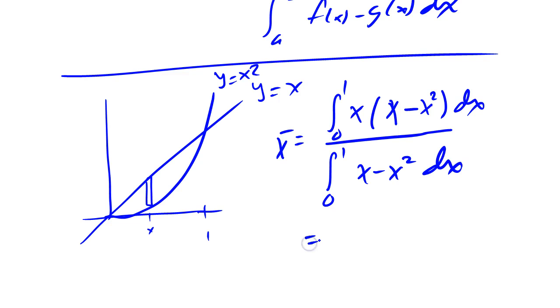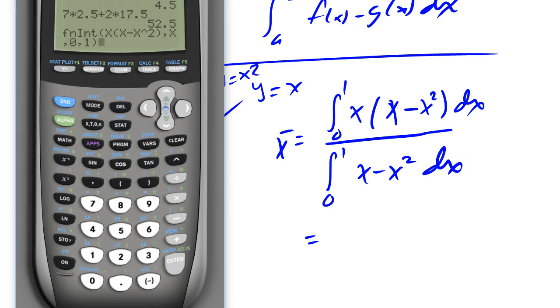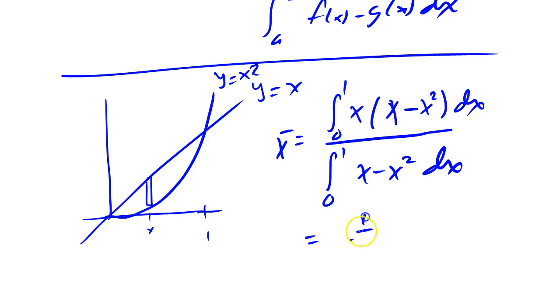And so we can do some calculations here. On my calculator, I've got the integral of x times (x minus x squared) dx from 0 to 1. Enter, and it tells me. So the numerator, maybe I can get that as a fraction. Let's see, math, fraction. Yeah. So the numerator is 1/12.